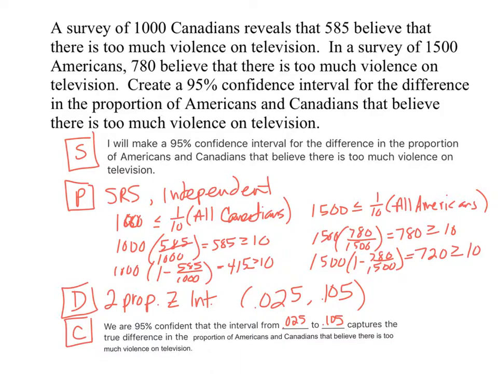And if the null hypothesis is that the two countries feel the same, that means there isn't a difference. But our confidence interval signifies that there is a difference, that one has a higher proportion than the other.